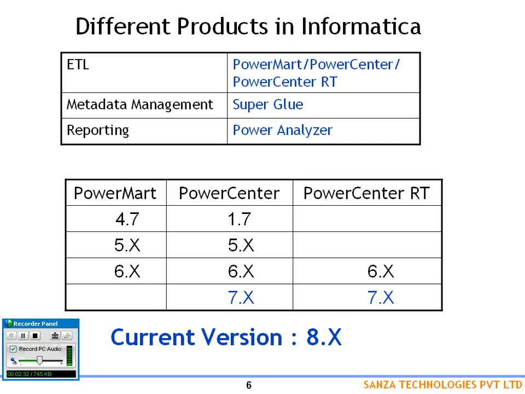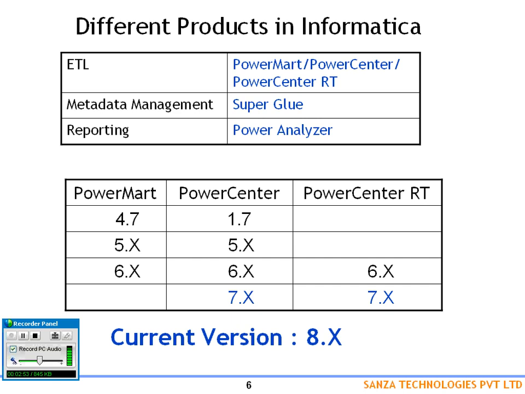As Informatica is a company, it has different products which they sell across the globe. In the ETL space, their products are PowerMart, PowerCenter RT. In metadata management space, they sell a product called Superglue.